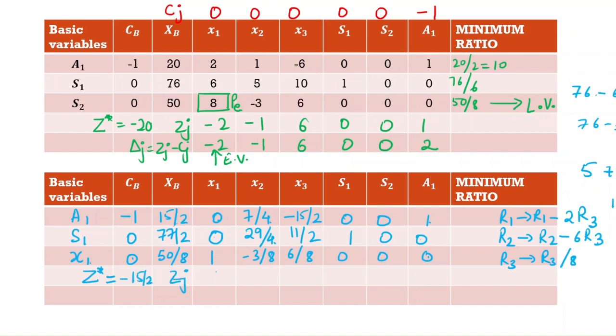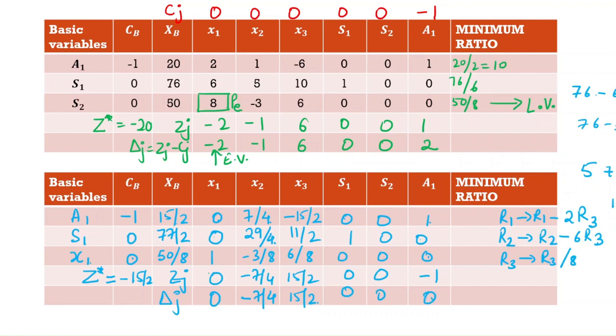Zj would be 0 in this case. This would be minus 7 by 4, 15 by 2, 0, 0, that's minus 1. So delta j, zj minus cj would be the same, as we could say 0 minus 0. This is minus 7 by 4, 15 by 2, 0, 0.